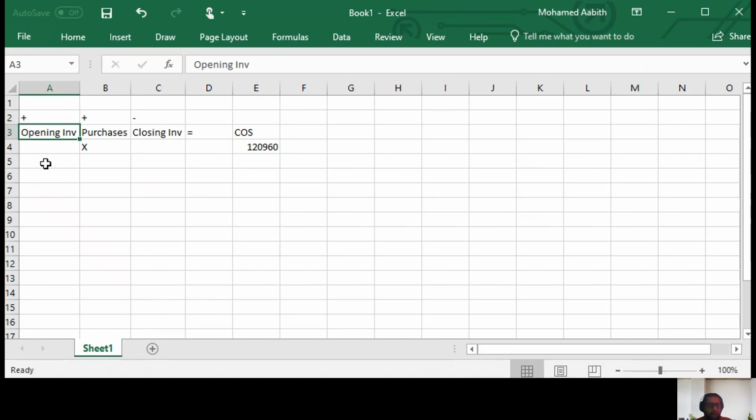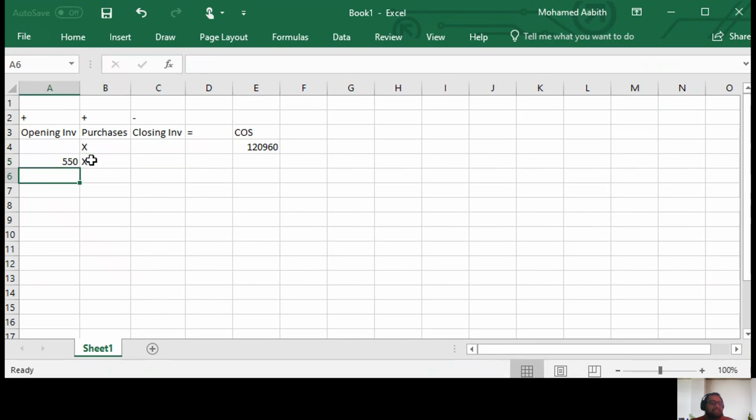So now if I put 550 here, this is an X and this is a 0. Why? Because the inventory decreased by 550. It is a hypothetical figure. If I put 1,000 here, it doesn't matter, your figure is still going to point you to the same amount. I'm just making it 550 for the sake of simplifying it.